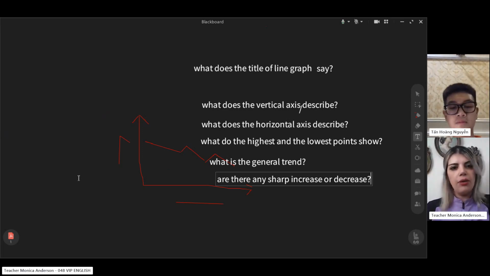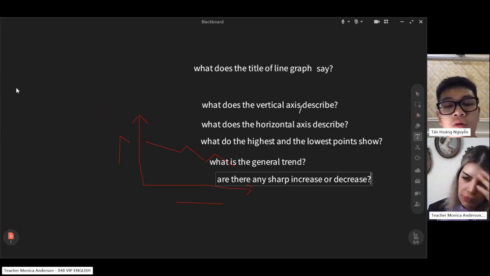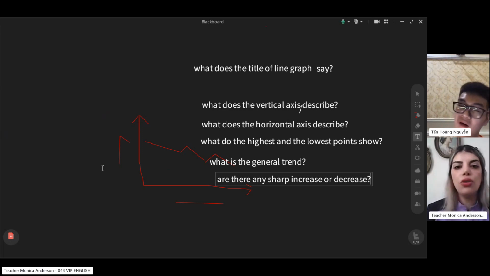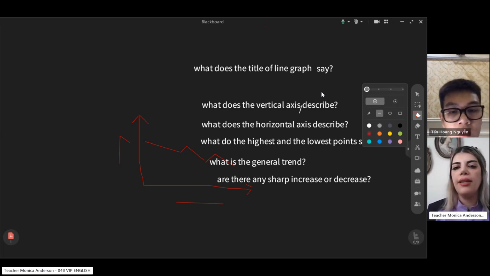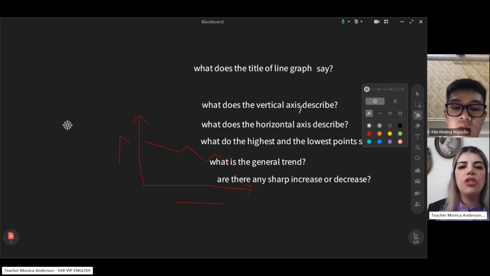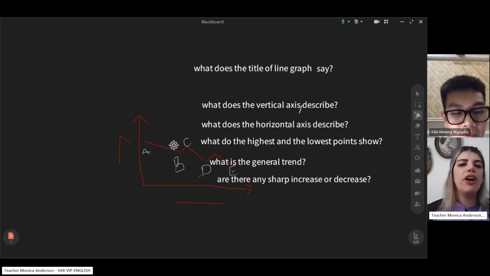In the question, what is the general trend? As I told you, for example, I have this line chart. I have some points like A, B, D or E, for example the names of countries.